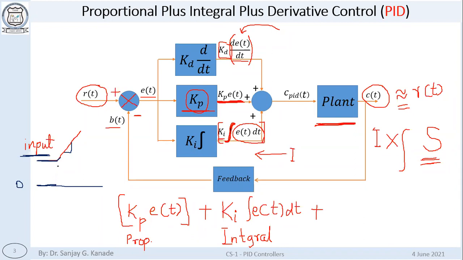However, from this point onwards, the rate of change of input has increased, but it is constant. So it will be a horizontal line like this.